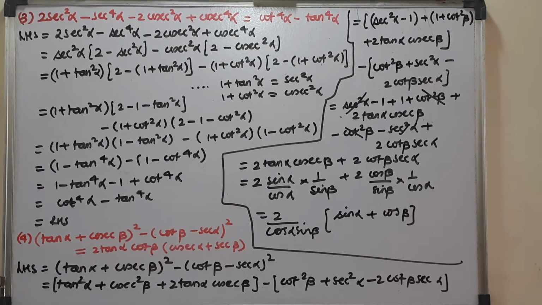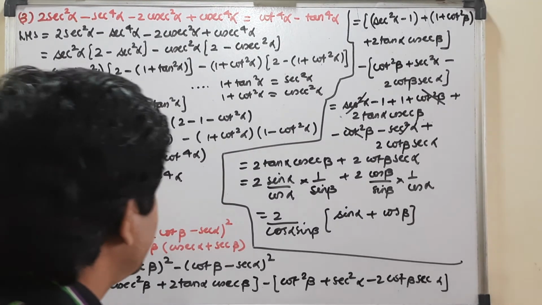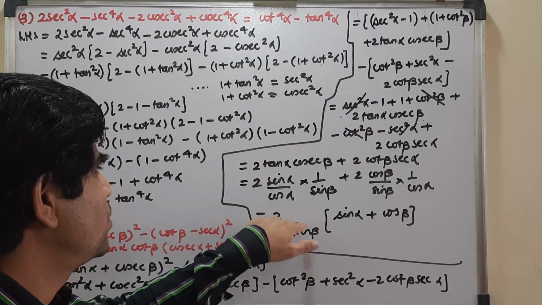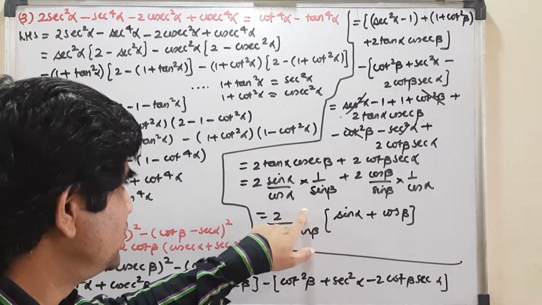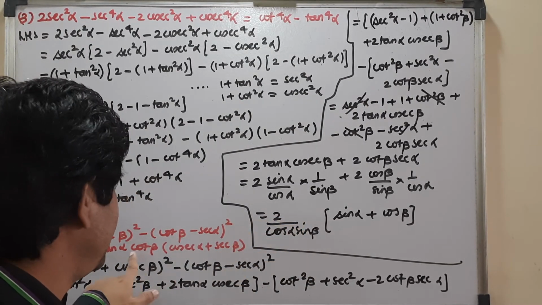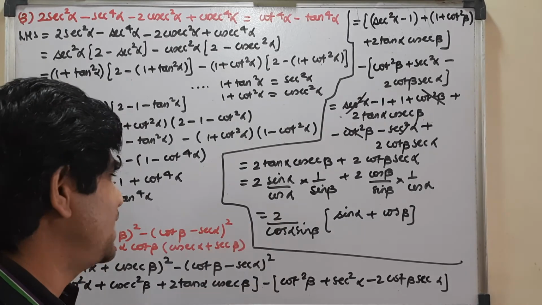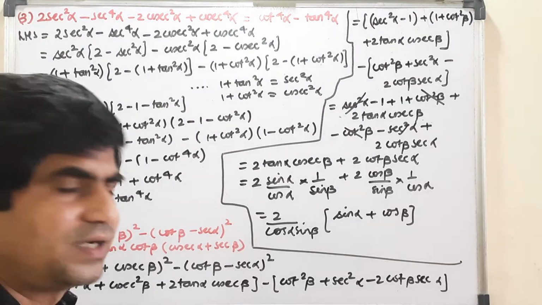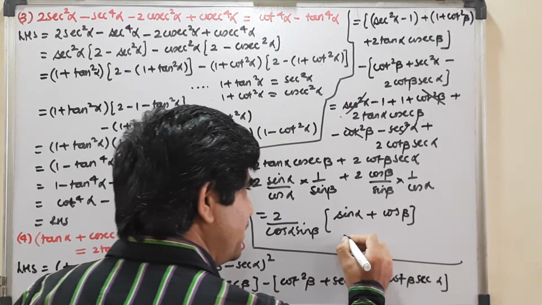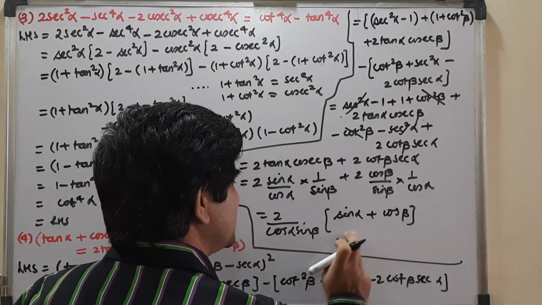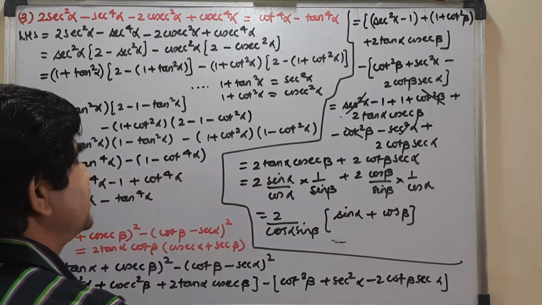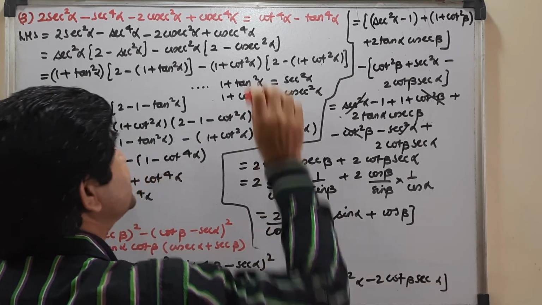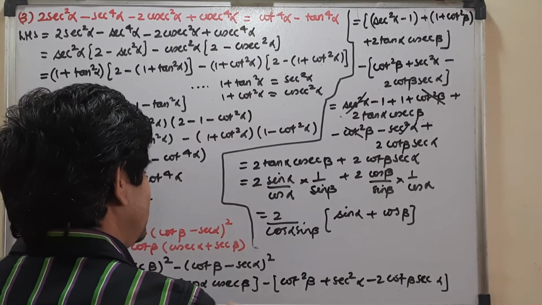Now I am running out of space but I will try it over here. Now if I multiply the numerator by cos beta, this will become cot beta, so I require cot beta. And if I multiply the upside by sin alpha, I will get tan alpha. So here I will clean it a little bit down so that I get some space.